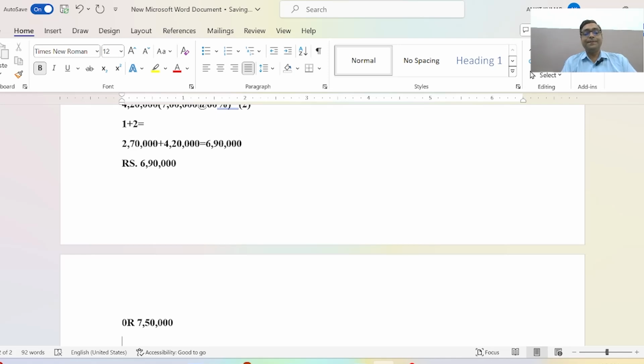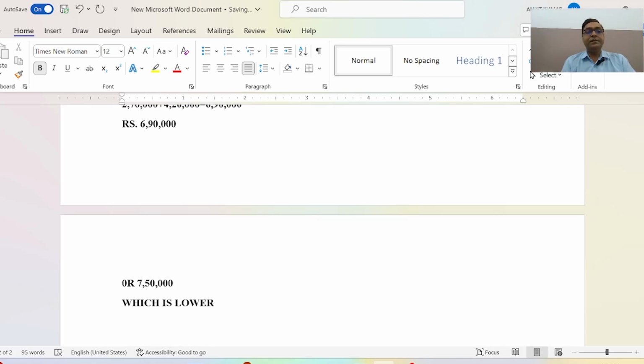In accounting records, whichever is higher is taken, but as per income tax we always take whichever is lower. The lower amount is rupees 6,90,000.